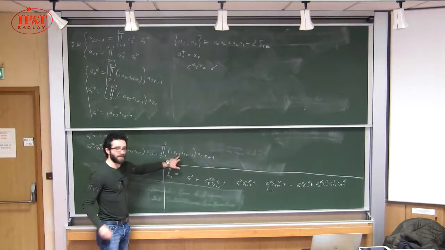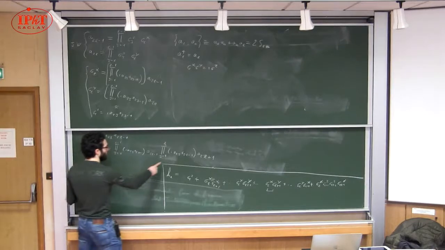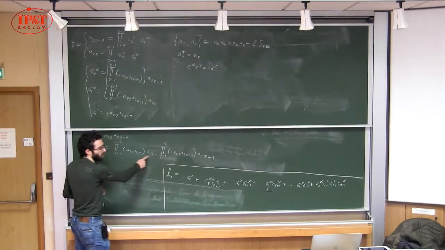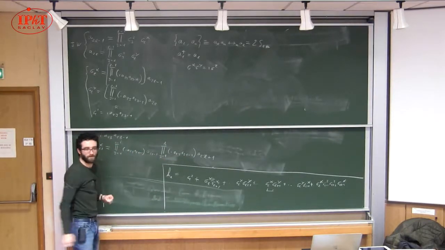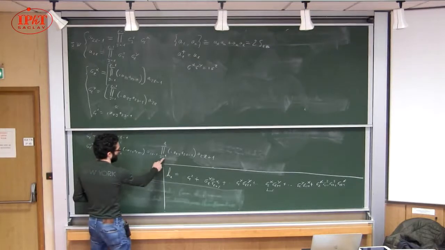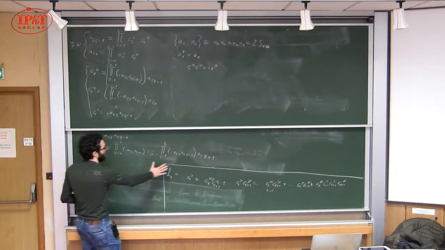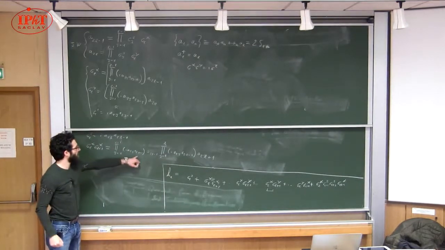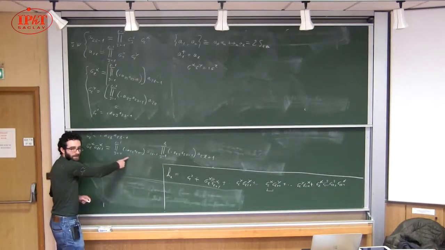Now, these Majorana fermions anti-commute between each other. This means that a_{2j} anti-commutes with a_{2l-1} as long as this index is different from this one. And in particular here you see that the sum is from 1 to l. So the first l minus 1 terms just commute with this, and they go here and they cancel these terms.